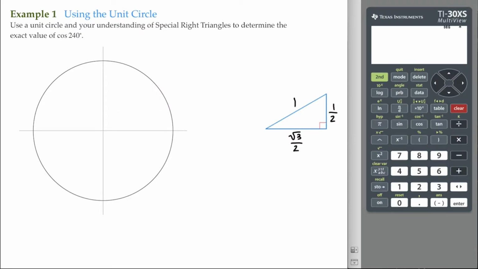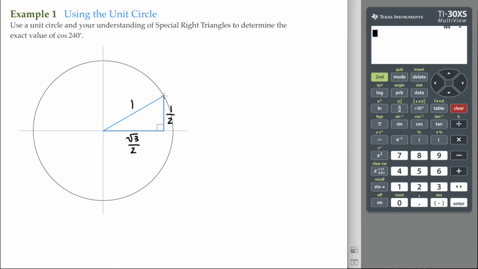We do the same for the other special right triangle here. If I go ahead and put its point right there at the origin, and you can imagine with this circle here, the hypotenuse winds up being the radius of the circle. And of course, this hypotenuse here is 1 unit, thus the term unit circle.